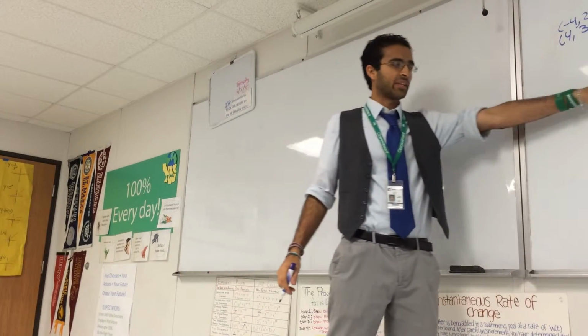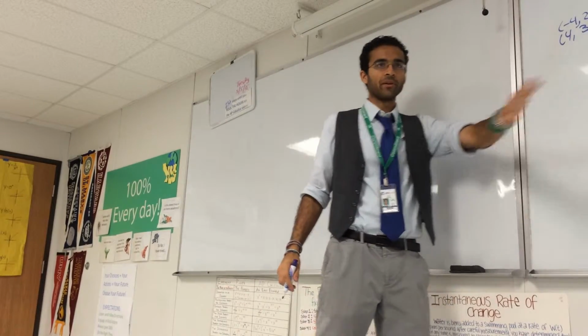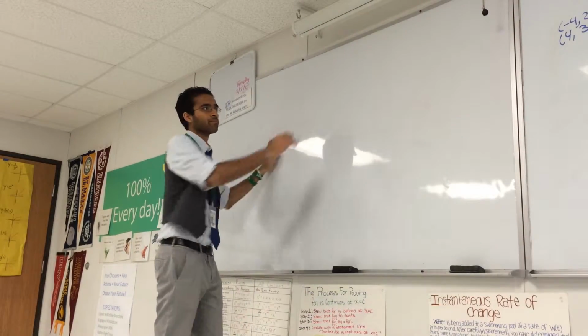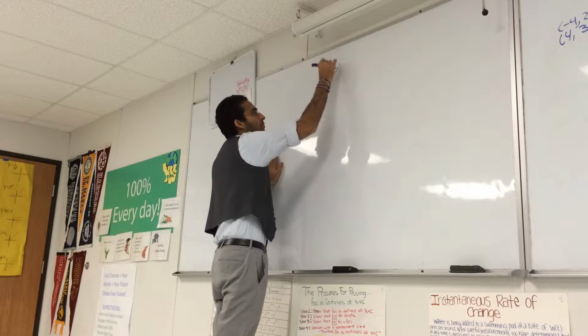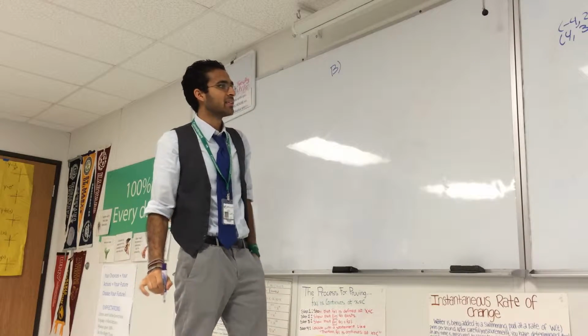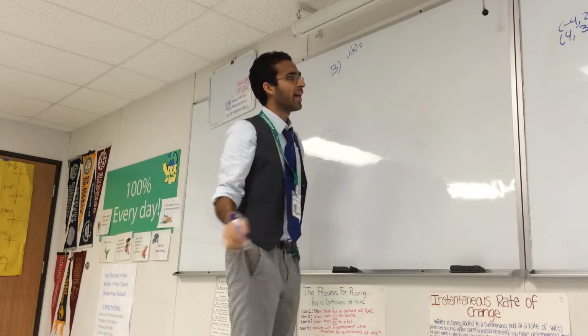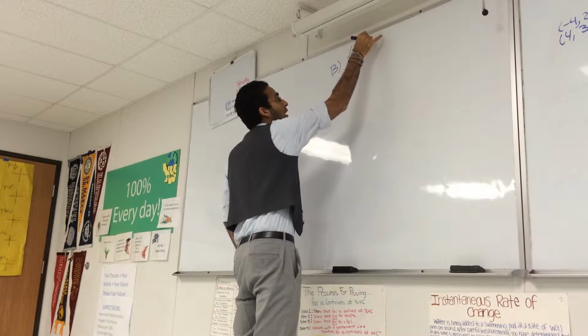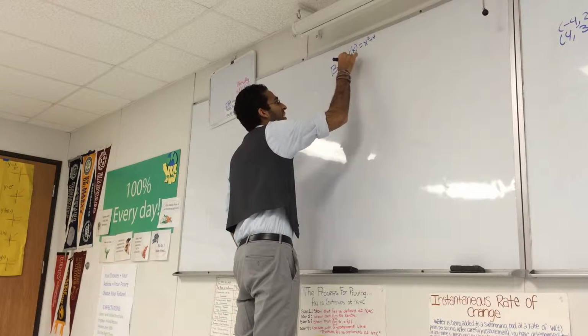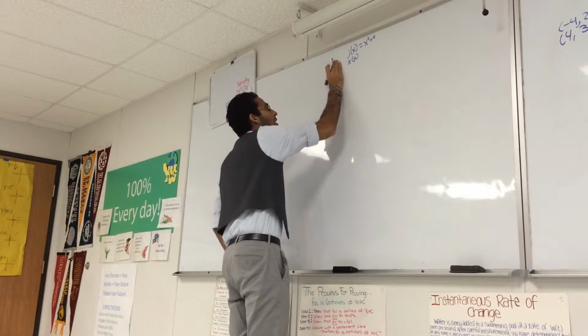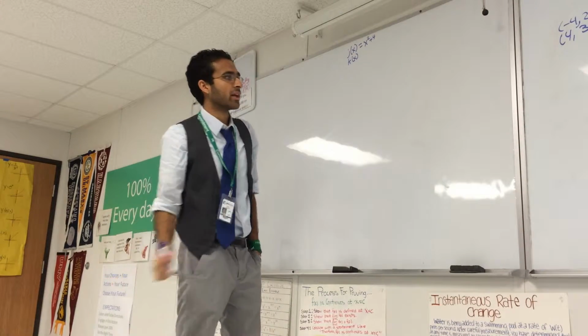Under the algebraic section, I'm going to start out by doing part B. Part B says the following: let j of x equal x squared plus 4, and let k of x equal x squared minus 4.